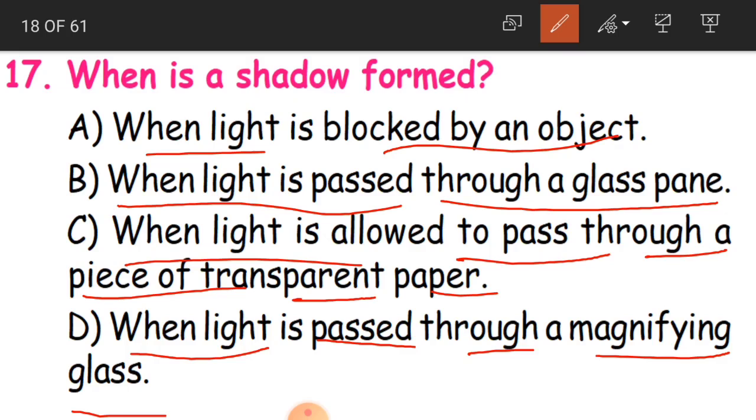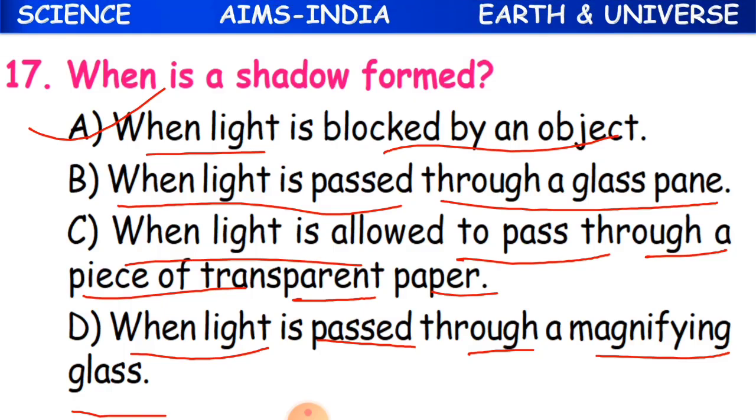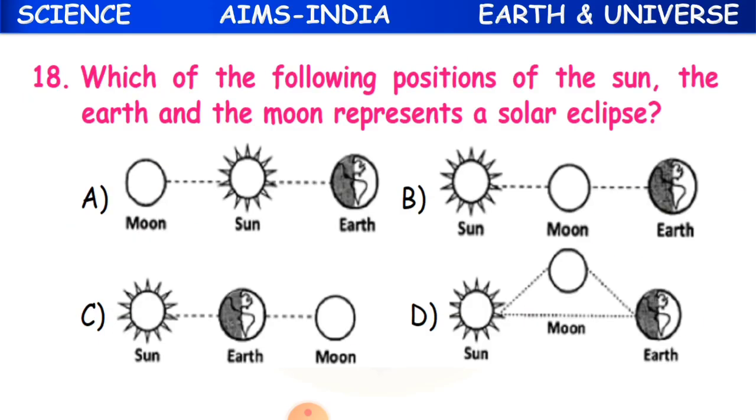And the answer is when light is blocked by an object. Then a shadow is formed. Blocked means light is stopped by an object.